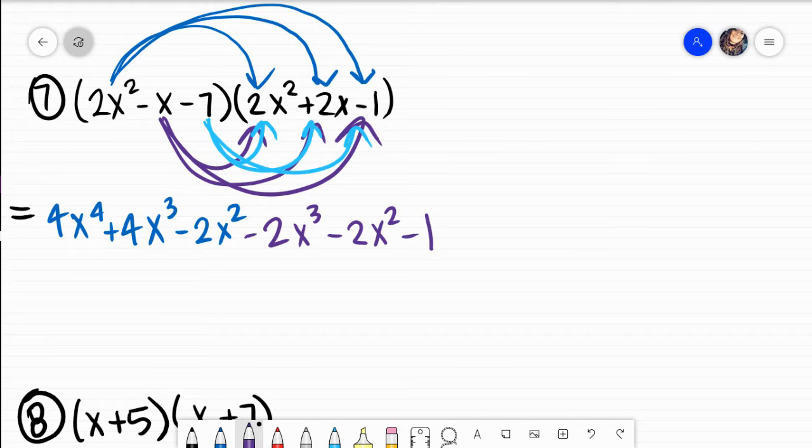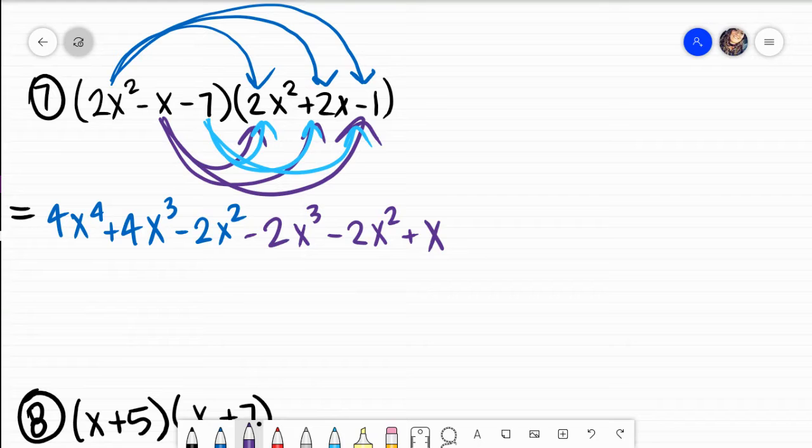Signs are the same, so it's positive. And then x times no x would just be x. Well, if y'all know me, y'all know I don't like writing 1x. So x. You can write 1x, it's totally okay. If I had my pencil, I'd just erase it, or I would turn a weird-looking 1 into an x, but just letting y'all know, I did that because all I wanted to write was x.